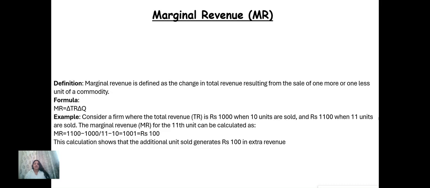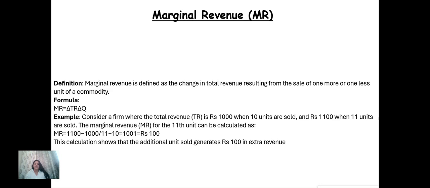For example, consider a firm where the total revenue is rupees 1000 when 10 units are sold and rupees 1100 when 11 units are sold. The marginal revenue MR for the 11th unit can be calculated as follows. As we can see in this example, total revenue is 1000 when 10 units are sold, and 1100 when 11 units are sold. But we have to calculate it for the 11th unit.